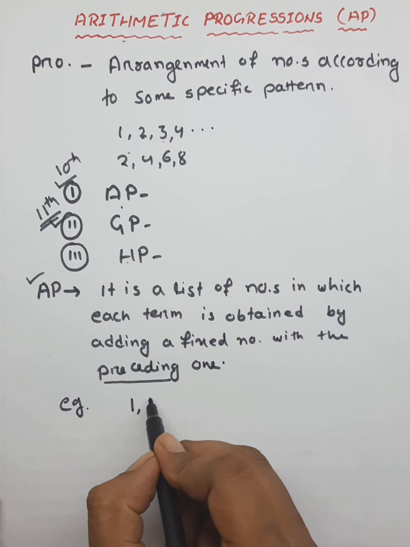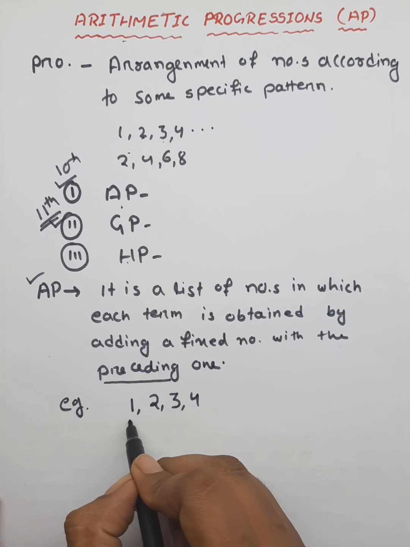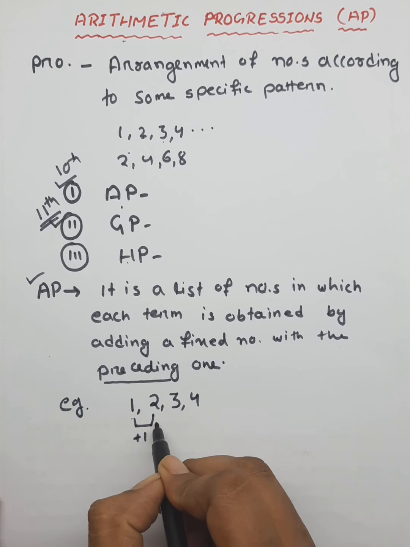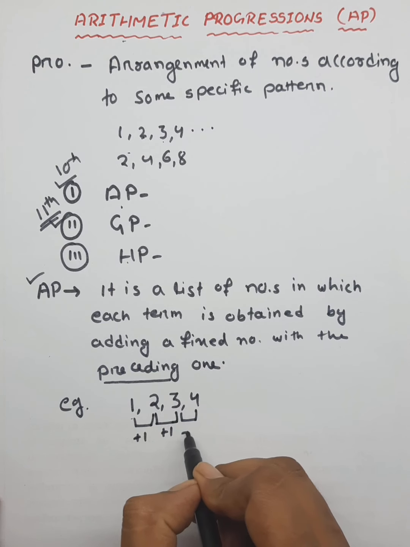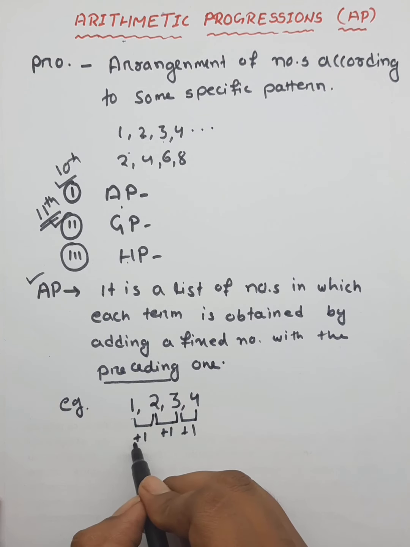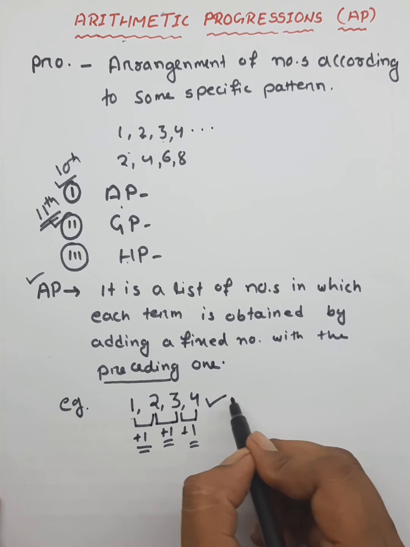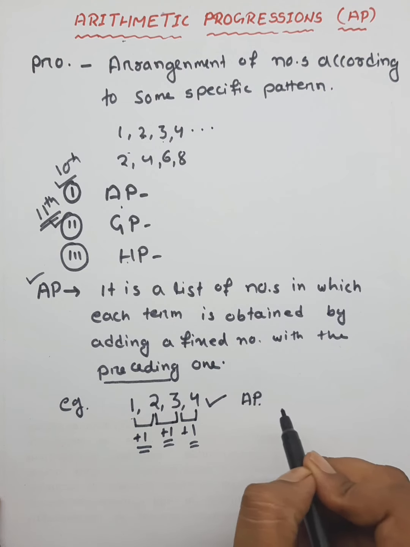See one example. Let's take 1 2 3 4. 2 is obtained by adding 1, 3 is obtained by adding 1 to 2, and 4 is obtained by adding 1 to 3. This is the same, hence this sequence or progression is in AP.